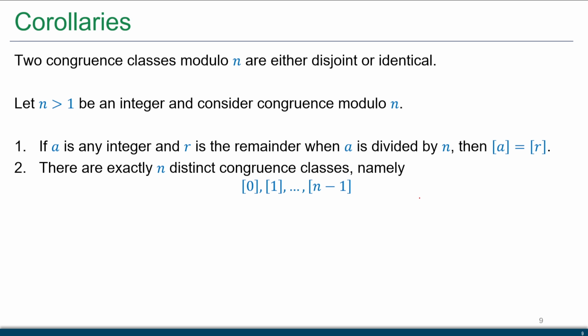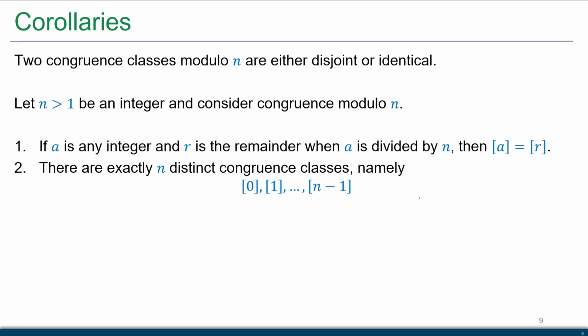When we define these congruence classes in terms of the division algorithm, if a is an integer and r is the remainder when a is divided by n, then the congruence class of A is equal to the congruence class of R. By the division algorithm, the remainder is bounded below, so R has to be greater than or equal to 0, but it also has to be strictly less than n.